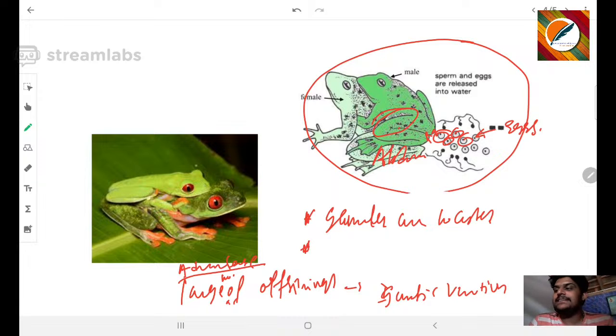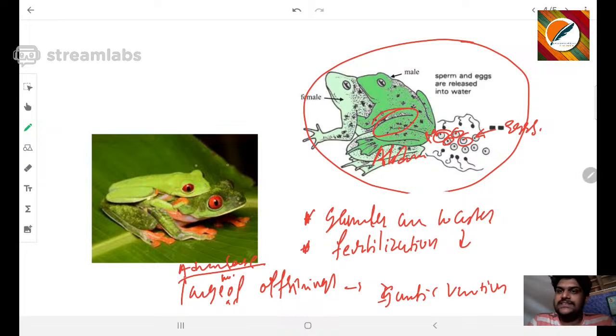Then another one I'll tell you, that is the fertilization rate decreases. Why? Because the current of water can carry away the sperms from the egg.